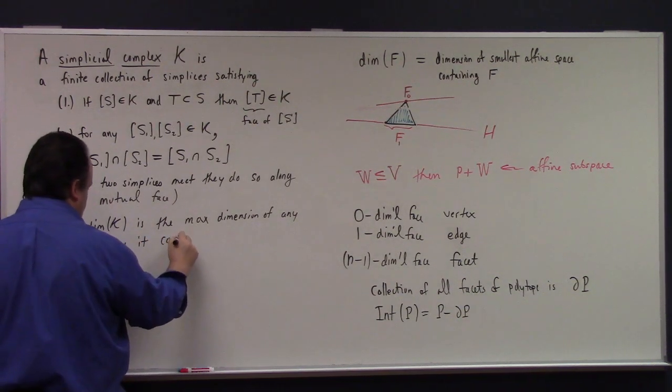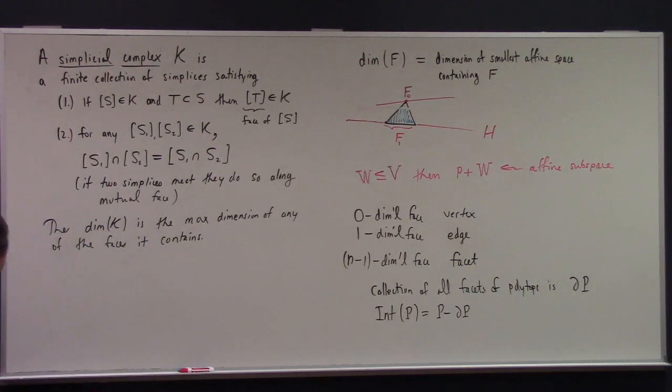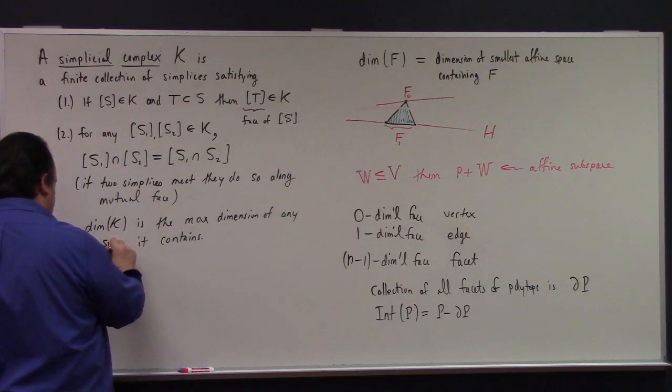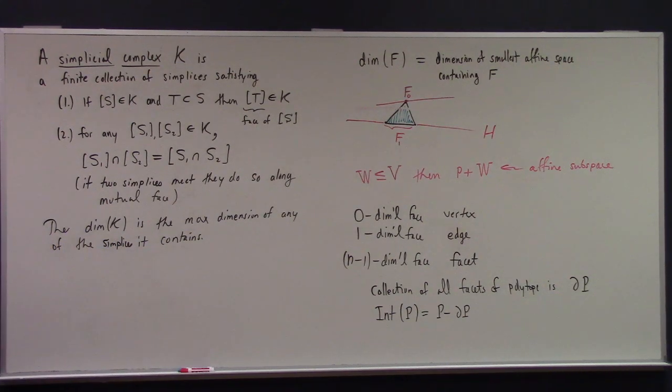Sorry, simplices, not faces. All right. So he says intuitively, a simplicial complex is simply a set comprising a bunch of simplices that are glued together along their faces. All right.